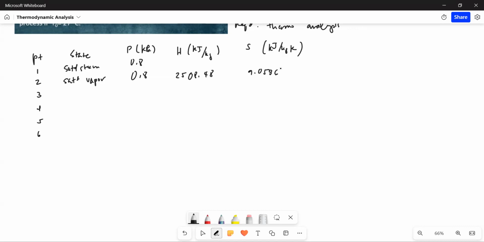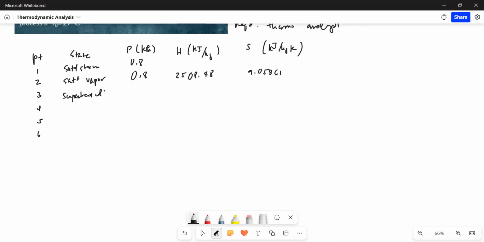From the steam table, 0.5861. The next is superheated vapor at point 3.